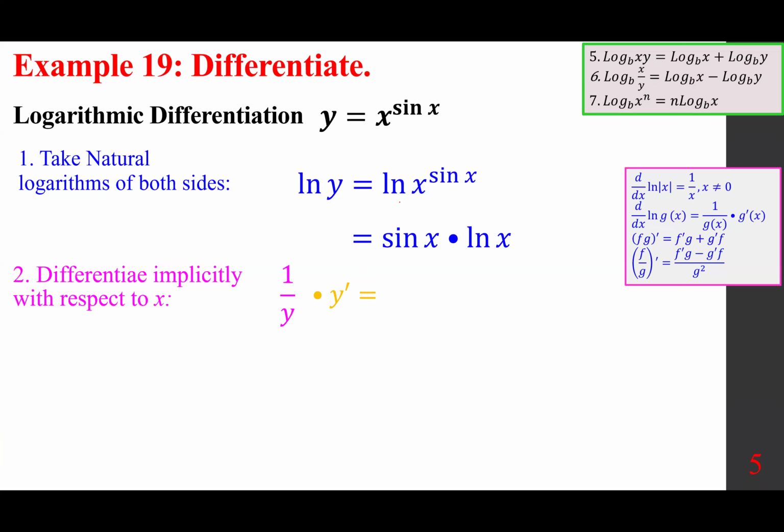So let's just write f times g. F prime is cosine x times g, which is ln x, plus ln x is 1 over x times f, which is sine x.